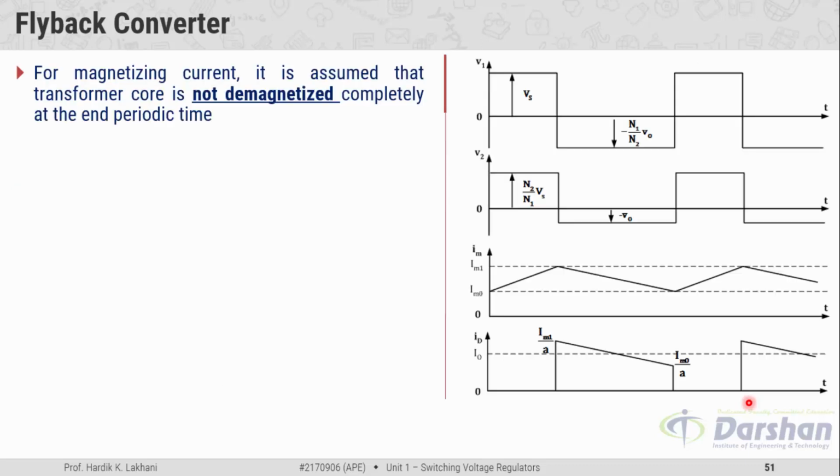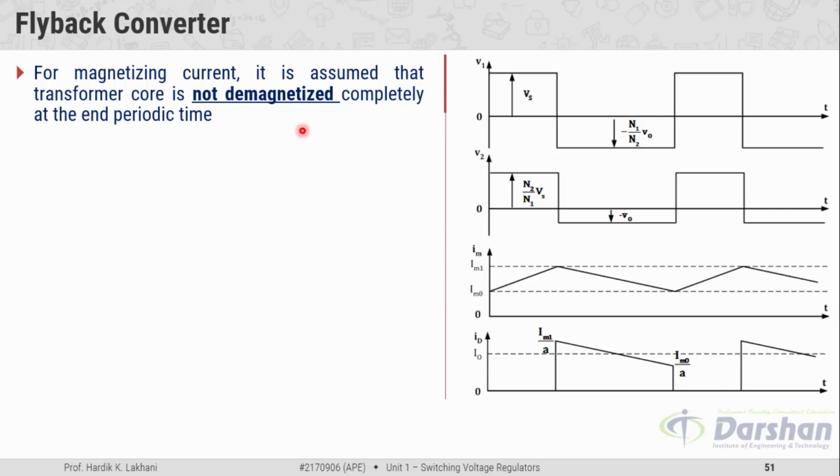Here you can see the behavior of the parameters with respect to time. V1 is the voltage across the primary winding. During the on time, the voltage across the primary winding is equal to the supply voltage, and during the same time, the voltage across the secondary winding is N2 divided by N1 into Vs.